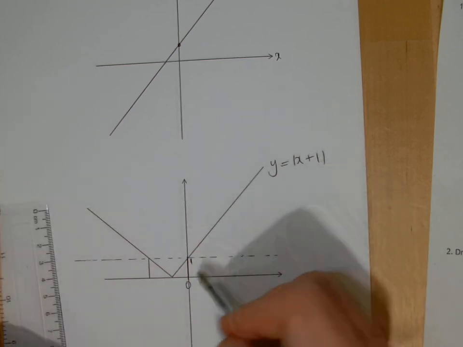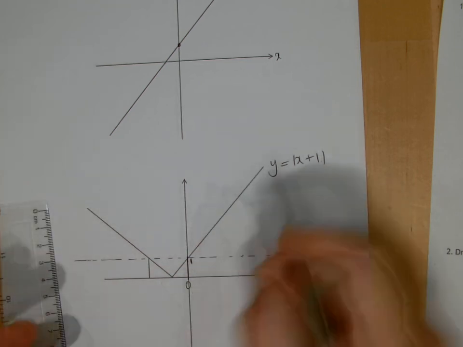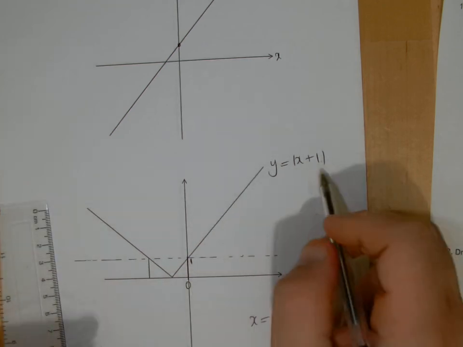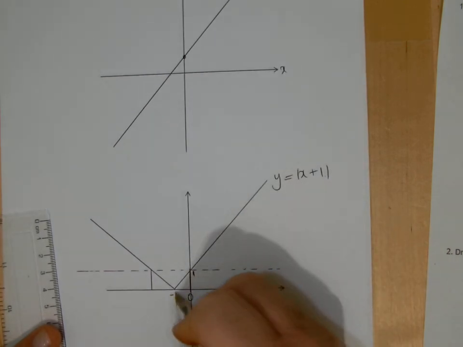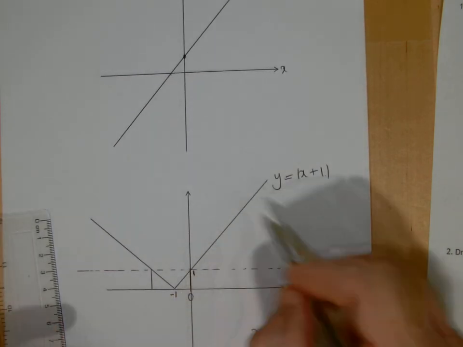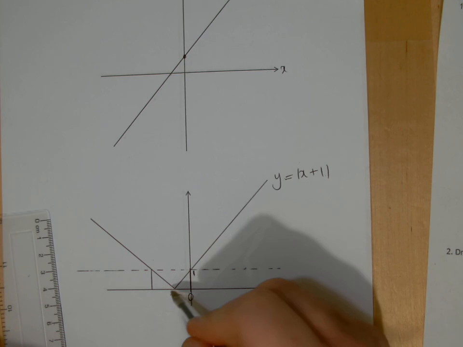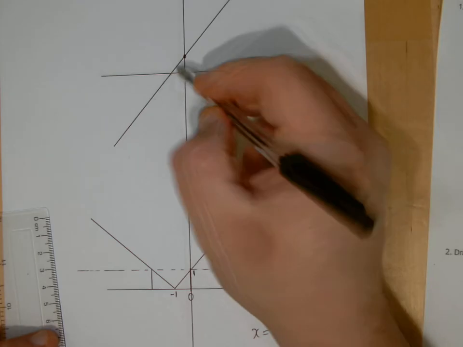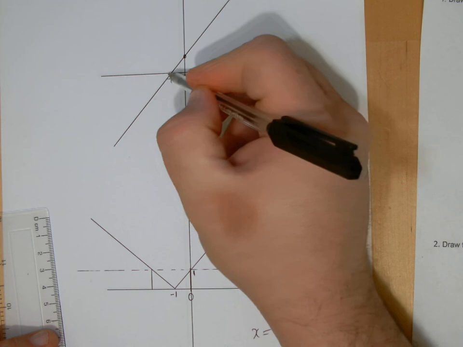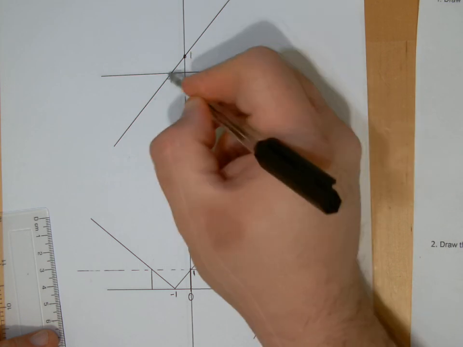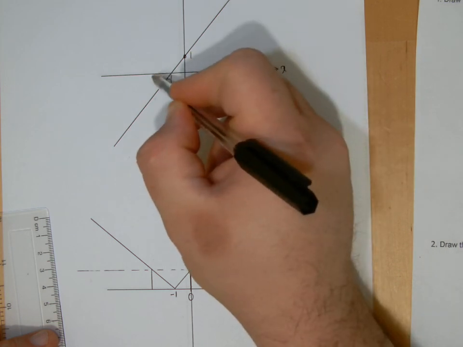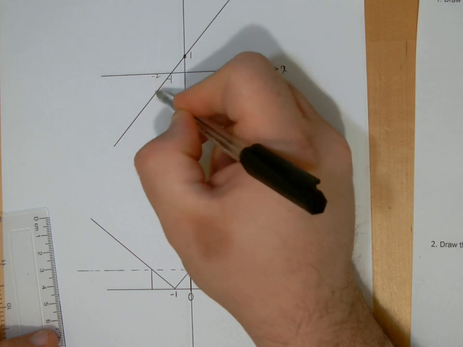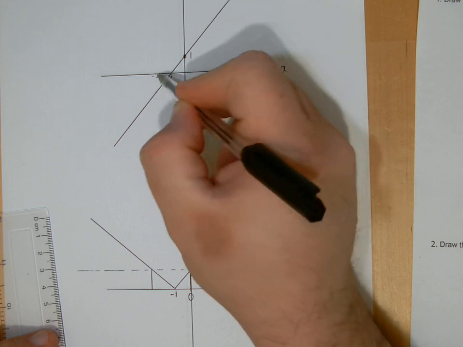Now I know because of the symmetry of this, because of the actual graph y equals x plus 1, this here is going to be negative 1, just because of the gradient of it. For every 1 you go across, you go up 1. So this would be minus 1 here. When you go back 1 to minus 2, you end up going down to negative 1, because you're going back 1, you're down 1.